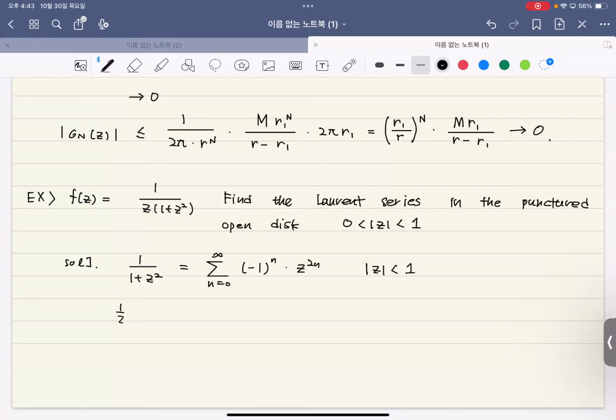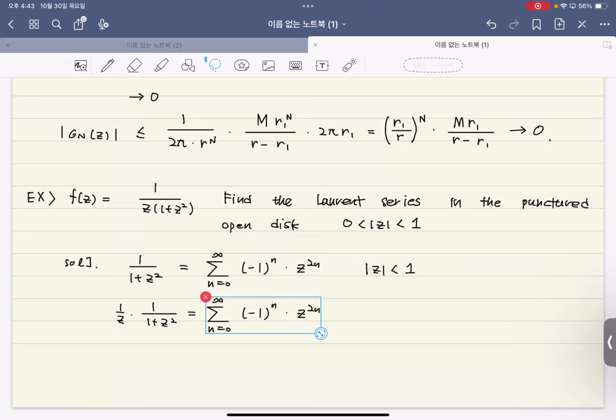Now, what I want to do is multiply 1 over z to everything.